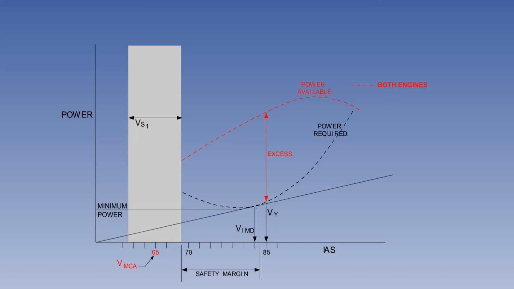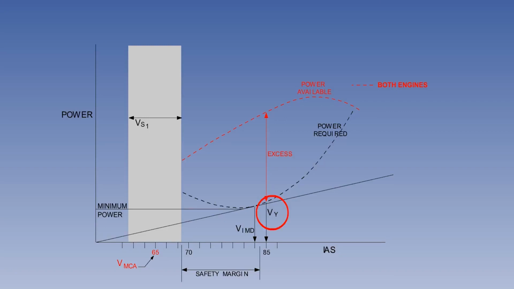Although thrust reduces with speed, total power available increases to a point because of the speed factor. Similarly, power required is a measure of drag times TAS, so excess power available determines the available rate of climb.